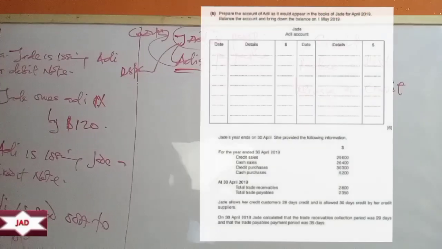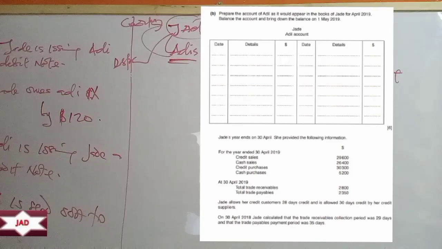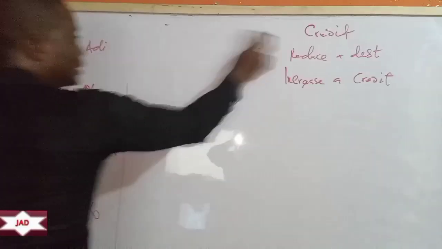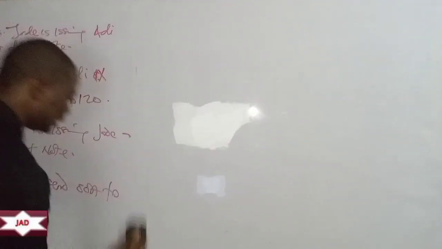So now they're asking us to prepare the account. How will the account of Adi appear in the book of Jade? We must understand that Adi is a creditor to Jade.